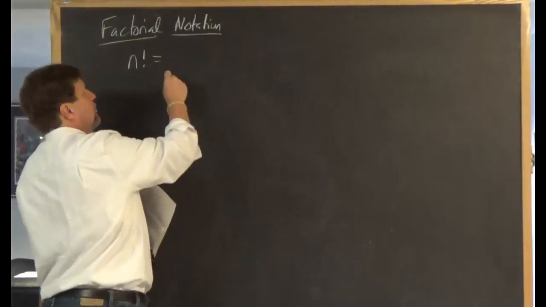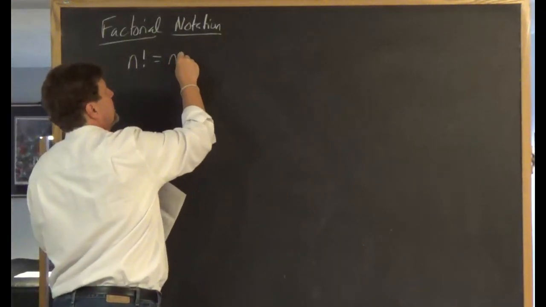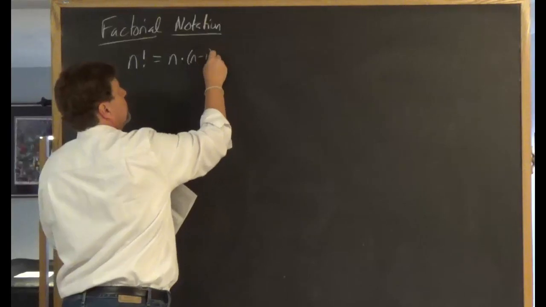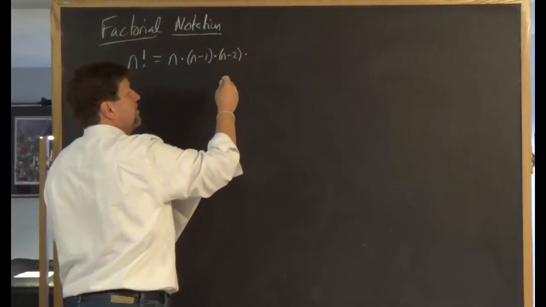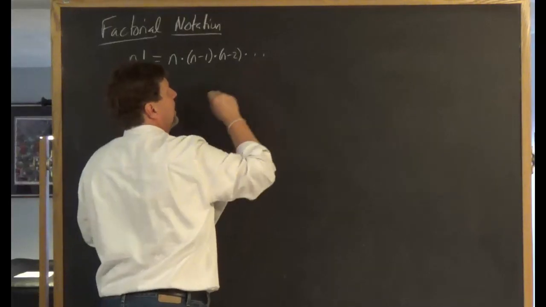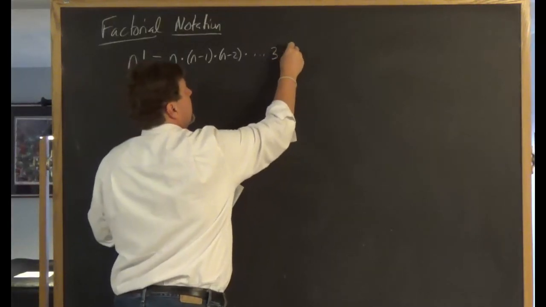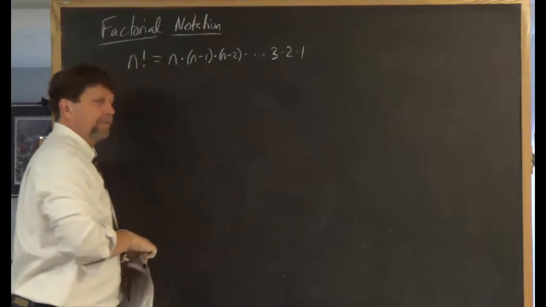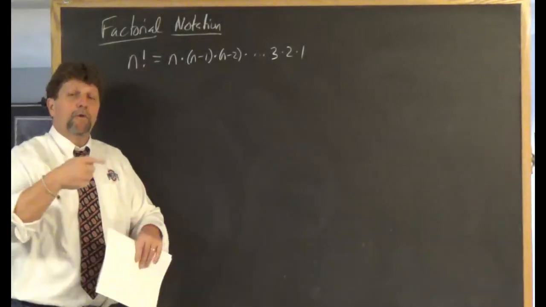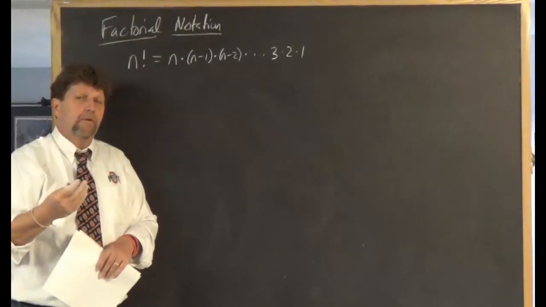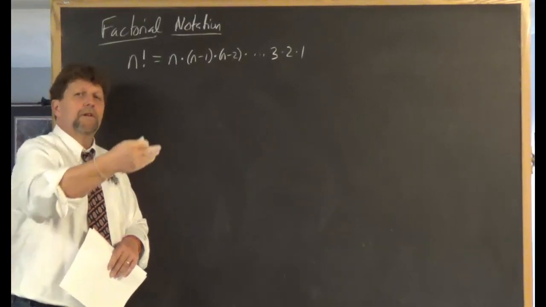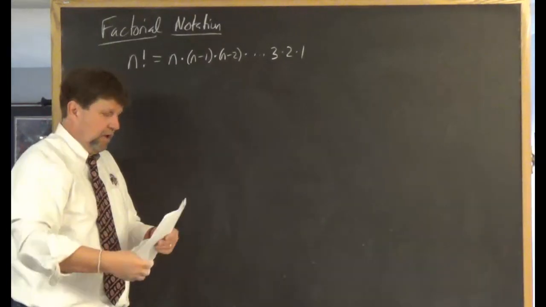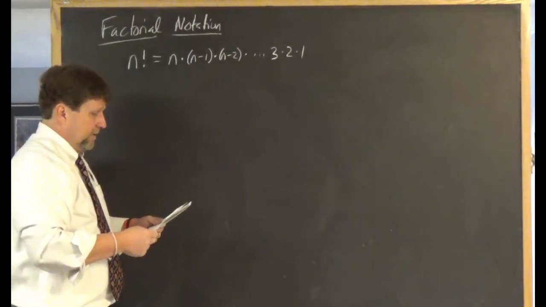And n factorial means n times n minus 1 times n minus 2 times yada yada yada, 3 times 2 times 1. So for example, 5 factorial means 5 times 4 times 3 times 2 times 1. So that's what factorial means.